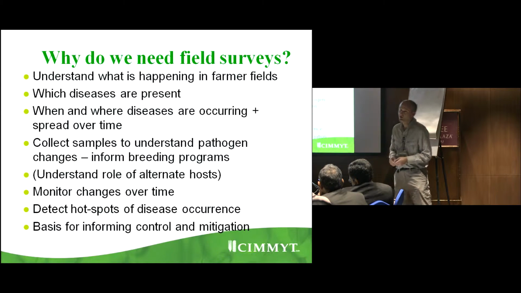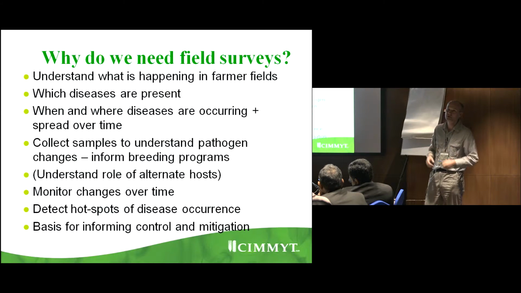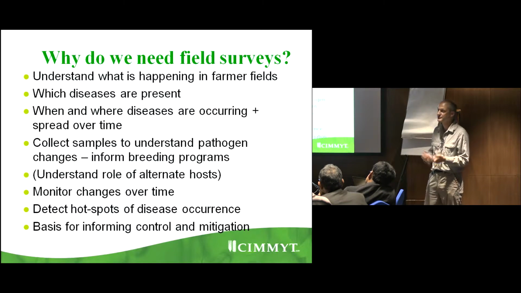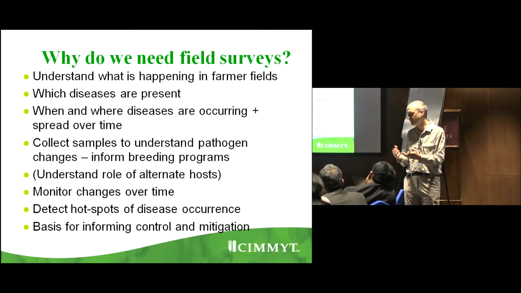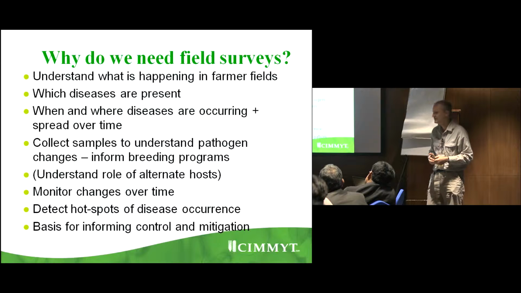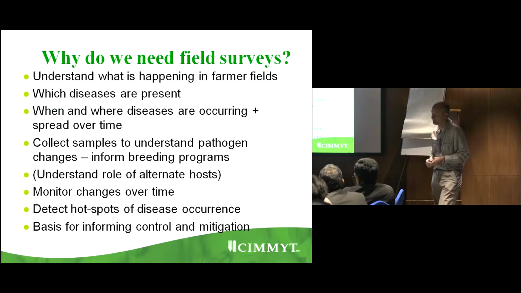Hotspots of disease occurrence is more what we do with the data once we've collected it. And probably the most important thing is that your surveys give you a good information basis for your control activities and mitigation.